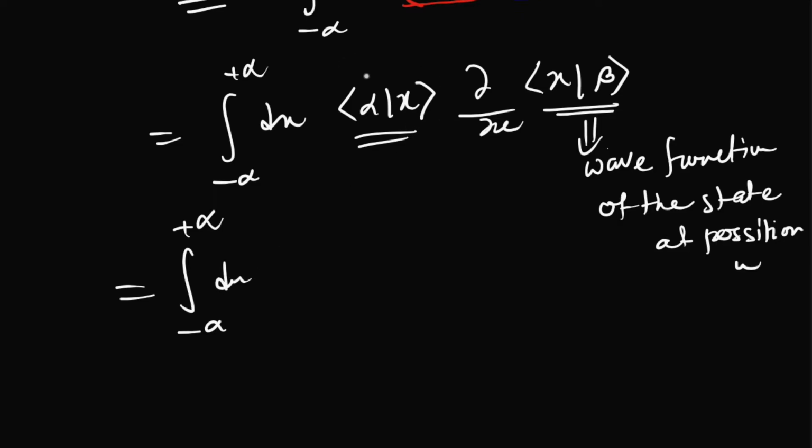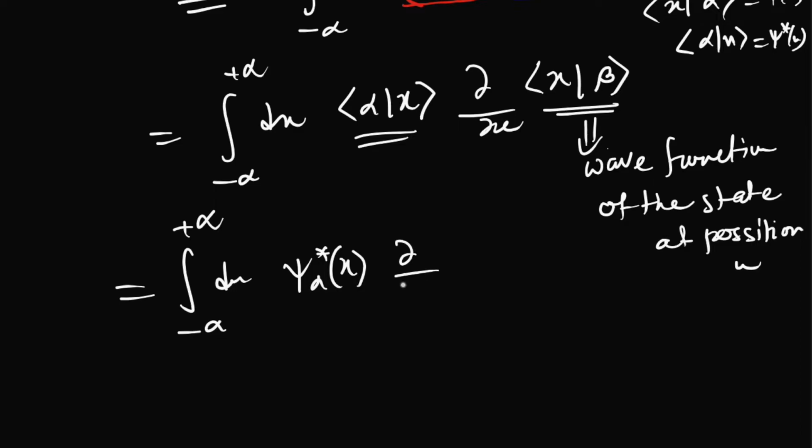it will be the complex conjugate. Since ⟨x|α⟩ is ψ(x), what will be the value of ⟨α|x⟩? It will be ψ star(x). So that means this is ψ_α star(x) ∂x ψ_β(x).